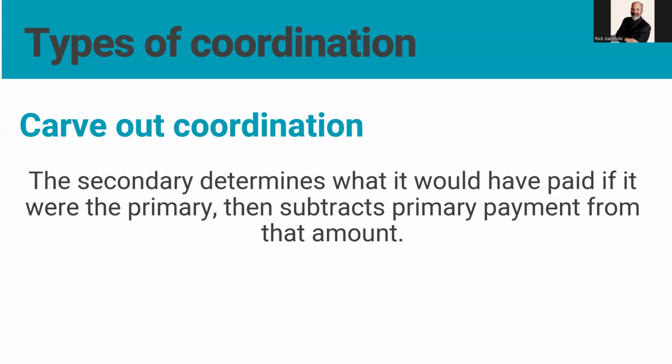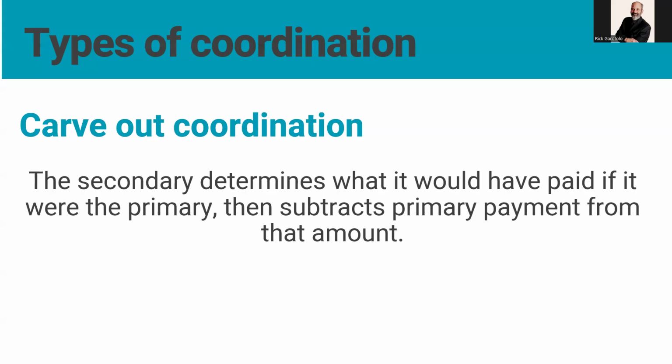Now, the secondary allows $100, and they say, if we were the primary, we would have paid $50. Because the primary paid 40, we're now paying 10, which brings the patient up to $50 paid by insurance. That primary allowance, remember, was 80.